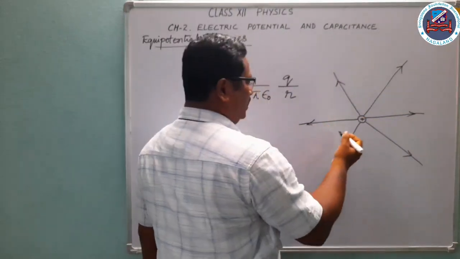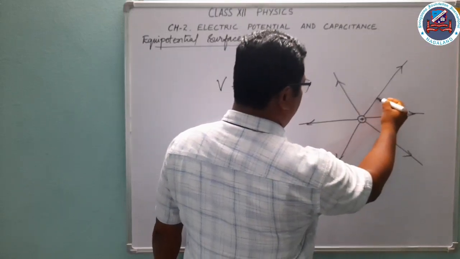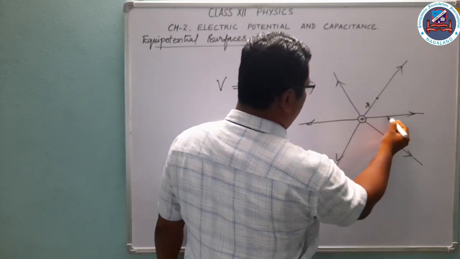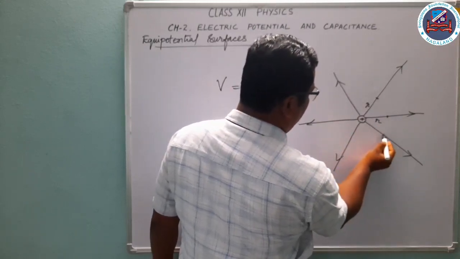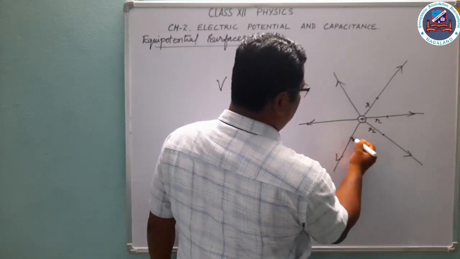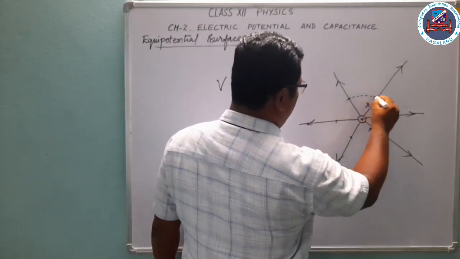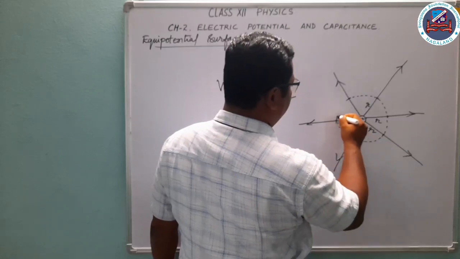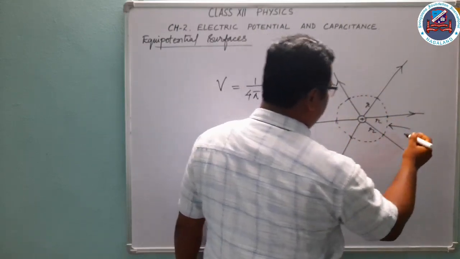Now at each point at the same distance, suppose from here to here it is R, from here to here it is R, from charge up to this point it is R. If we take equal distance along all the field lines, then we get one imaginary surface. This surface we call an equipotential surface.